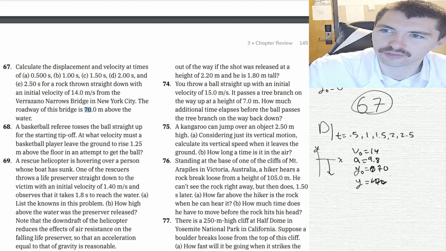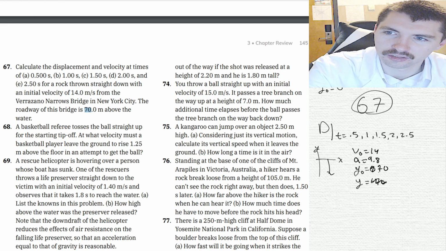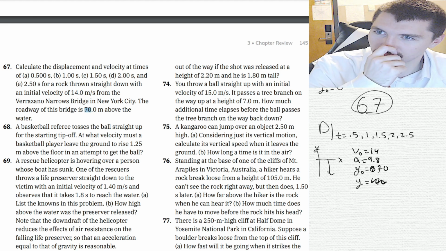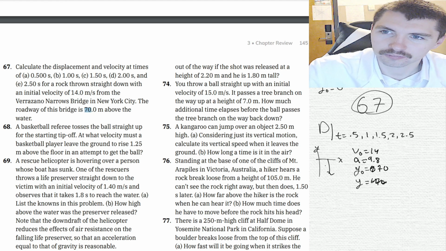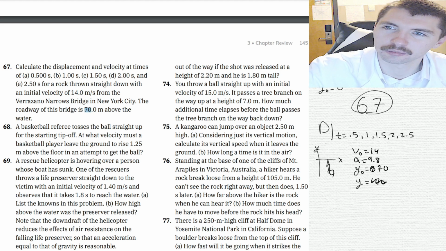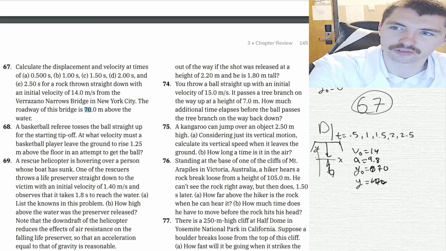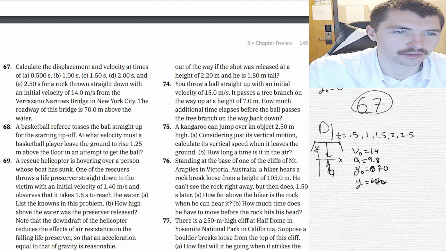It's asking how far it travels down in those seconds. Okay, so we're going to get negative. Okay, so really this should be like this. Yes. This is our bridge. Dropping it down. I think that makes more sense to me.